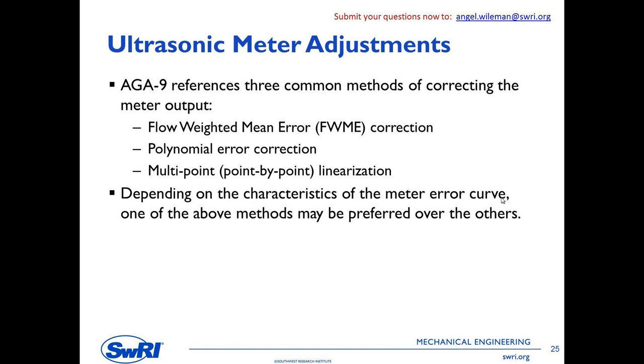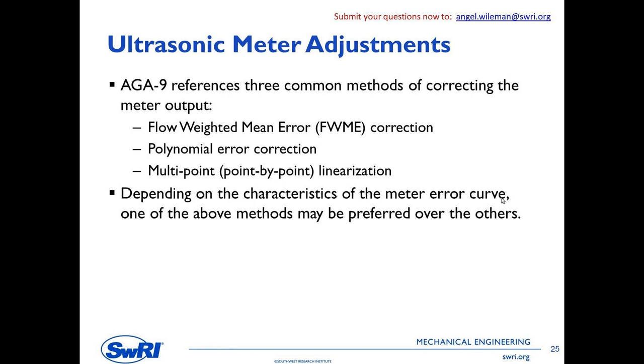By far, the multi-point linearization is what people use these days. The other methods are really in there kind of grandfathered in, because when meters first came out, the electronics didn't fully have the capabilities of doing other types of corrections.